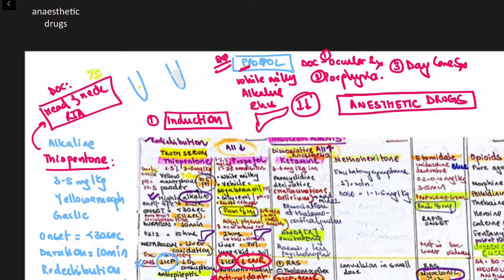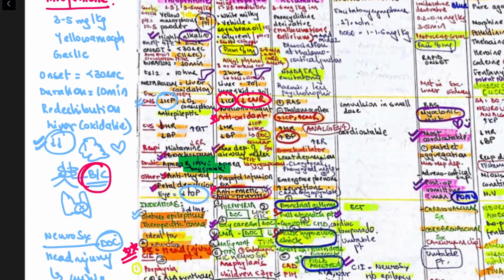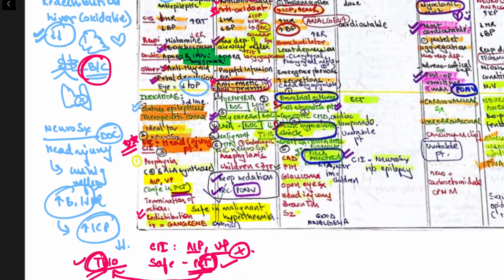Daycare surgery, because in daycare surgery we need those anesthetic agents that have a quick onset and a quick reversal, right? So that is why we'll give propofol, because it has a very short half-life, that is 2 hours. And then it can also be given with LMA, laryngeal mask airways.